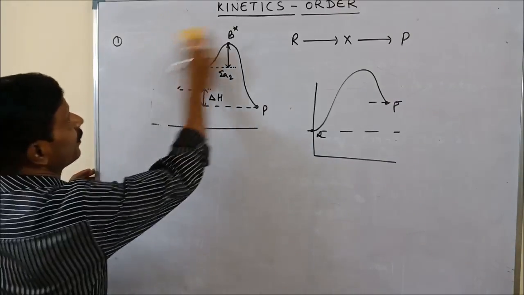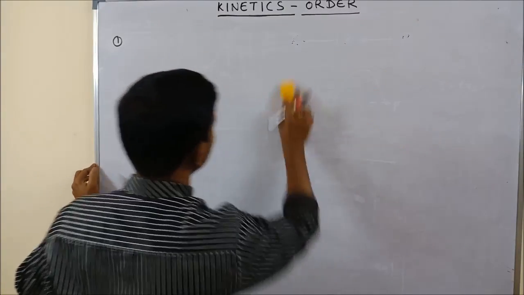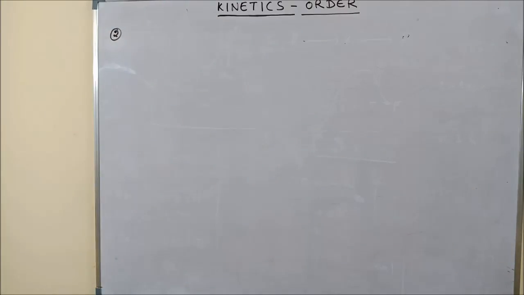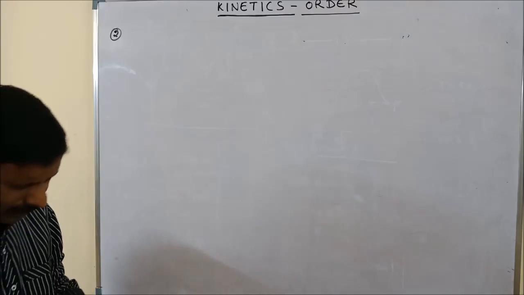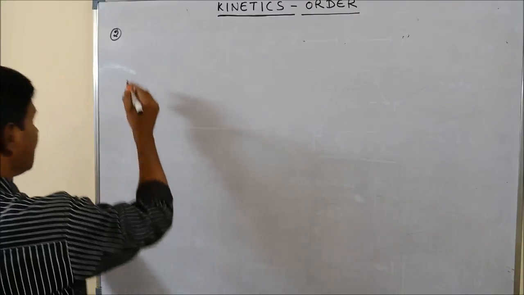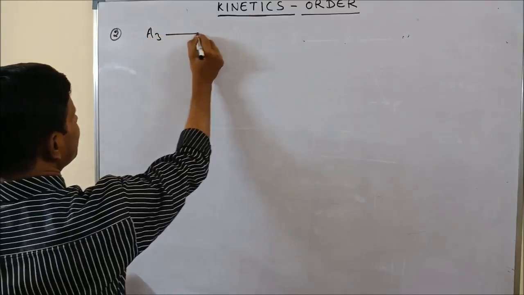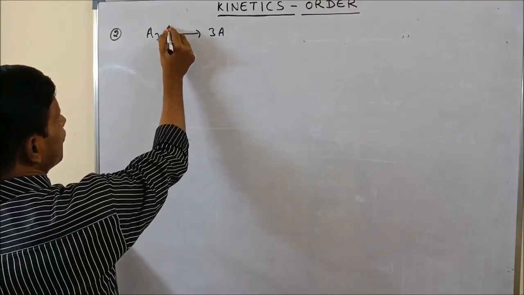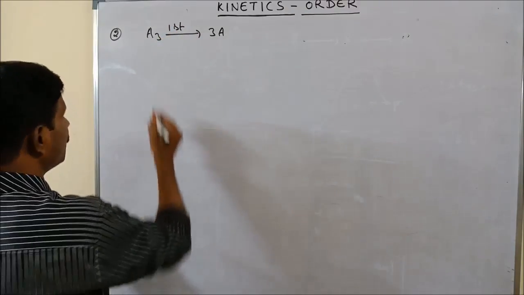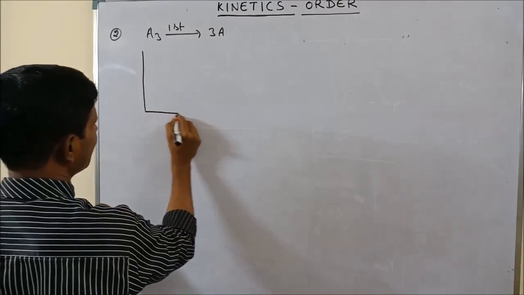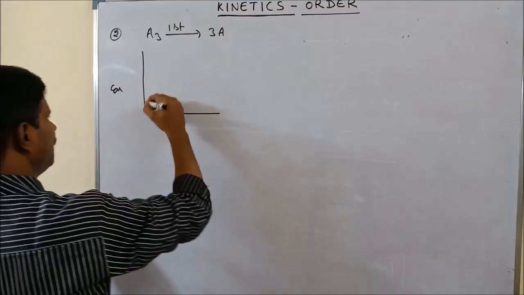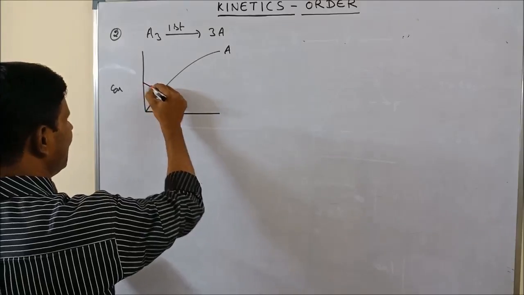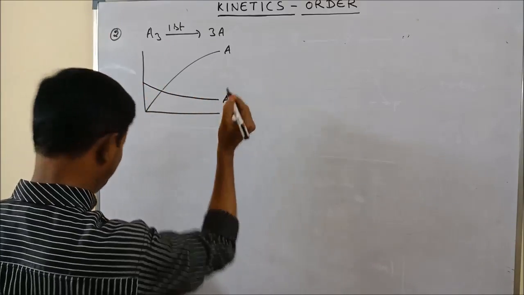And now another one, we'll go for calculations related to the graph, meaning the way they are giving the information. For that, here I am giving some examples. Here there is a process A3 that is converting into 3A, and they mention it as first order. Now the variation of concentrations they are giving like this. This is concentration, and here the concentration of the product will increase, and this is the concentration of the reactant.